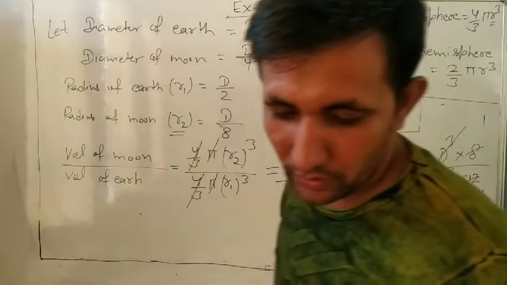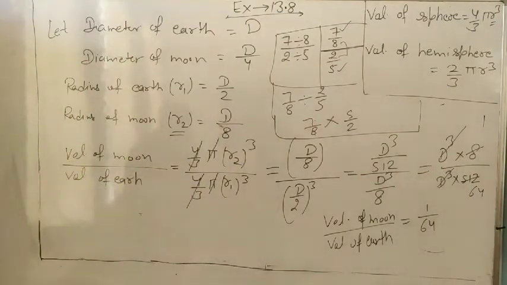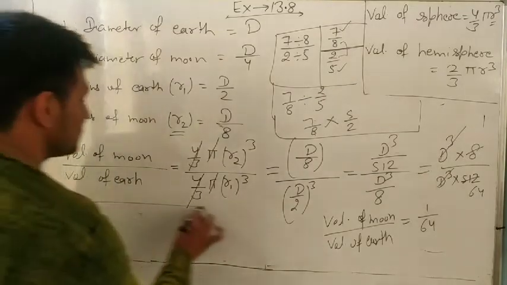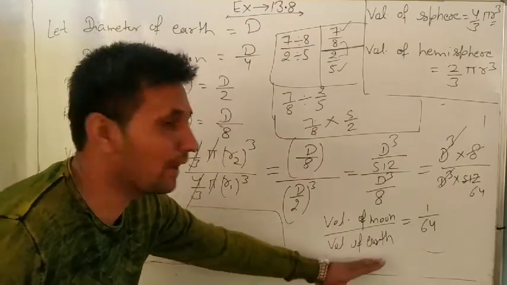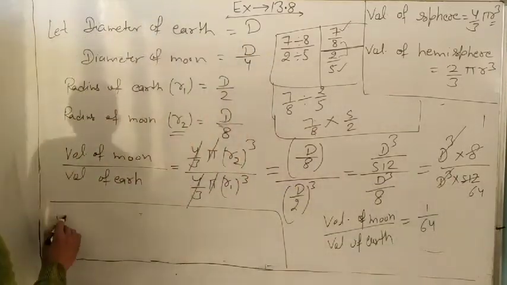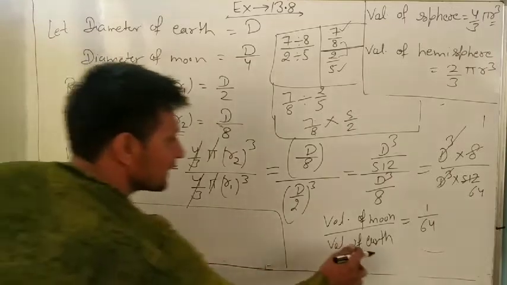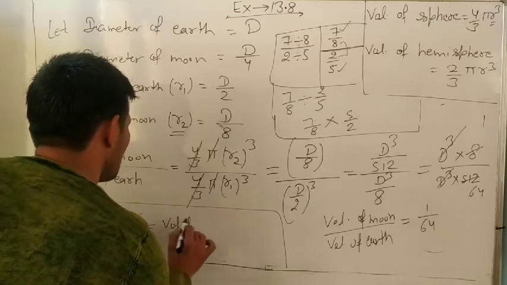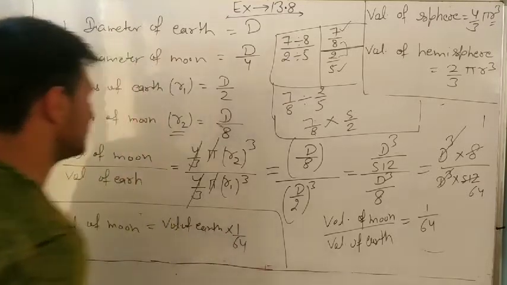But we want to find what fraction of the volume of the earth is the volume of the moon. Otherwise you can write like this: volume of earth on the other side, divide becomes multiply. So you can write volume of moon equal to volume of earth multiplied by 1 upon 64.